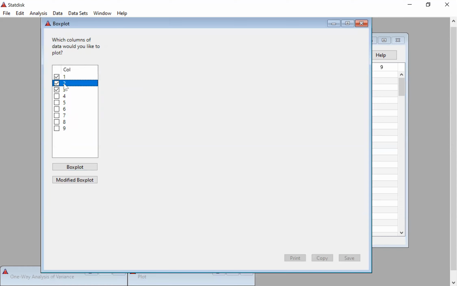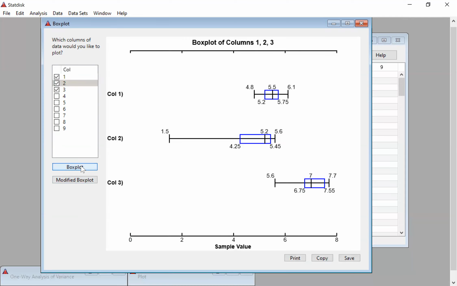And it doesn't matter if it's a box plot or a modified box plot, because we're not going to look at anything other than the box. We're not going to worry about the whiskers heading off to maximum and minimum. What we're looking for, and the reason that we're just looking at the boxes, is we're comparing means.